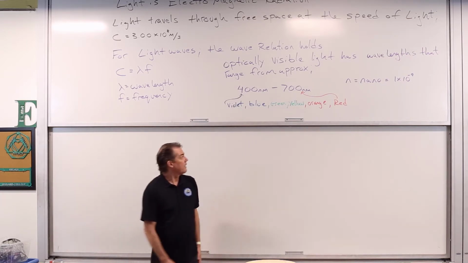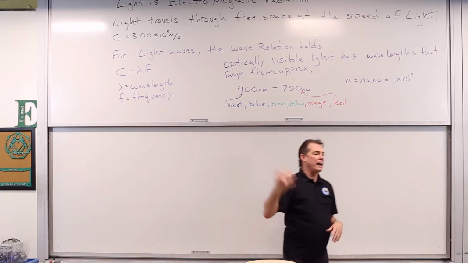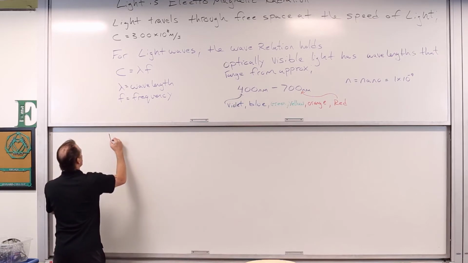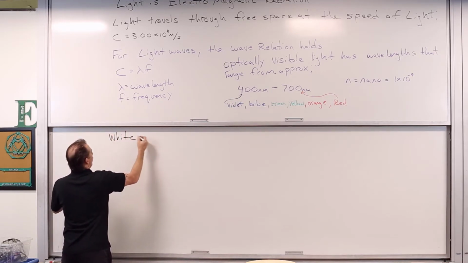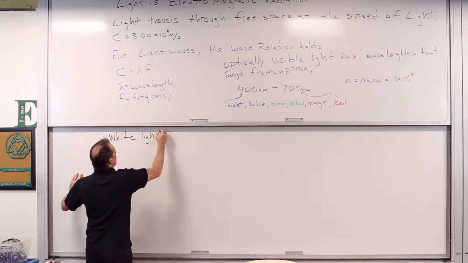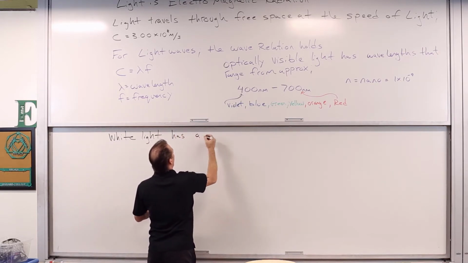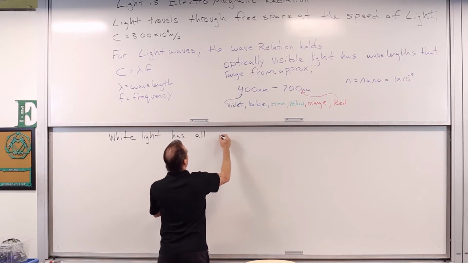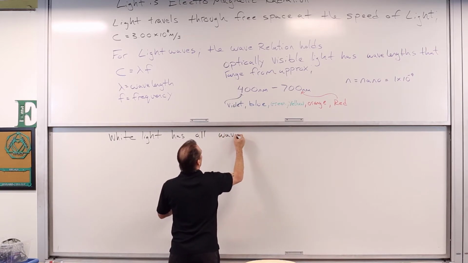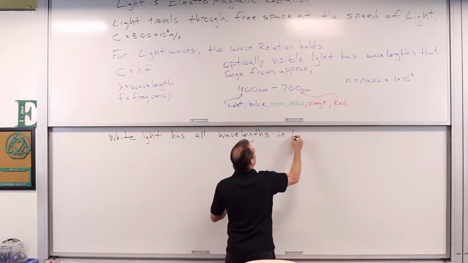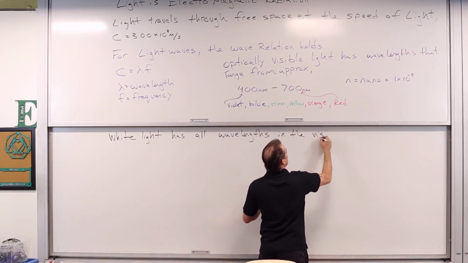So we've got that. We've also got what's known as white light. White light has all wavelengths in the visible spectrum.